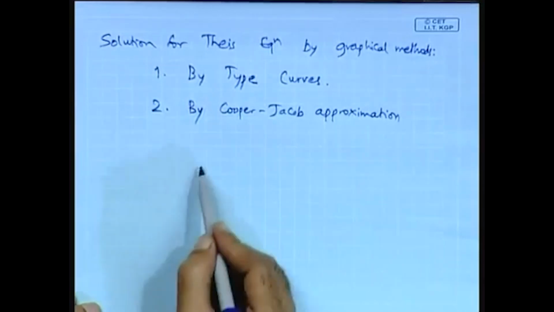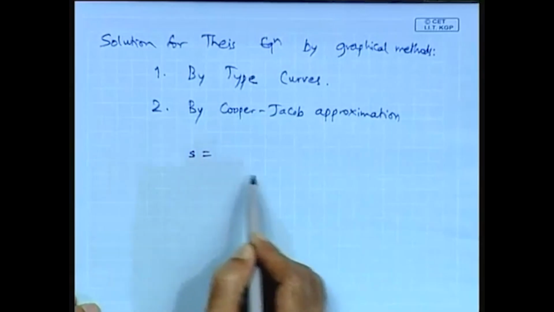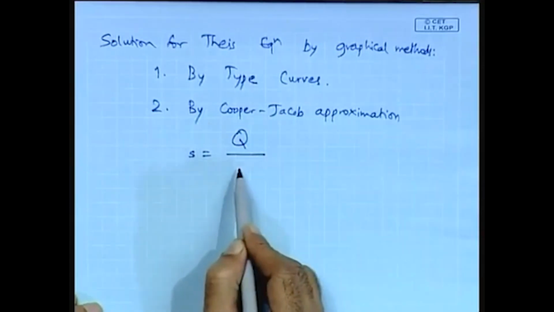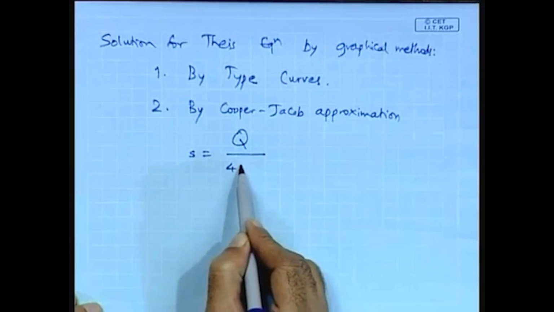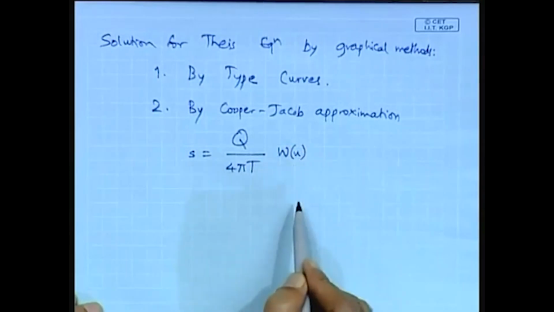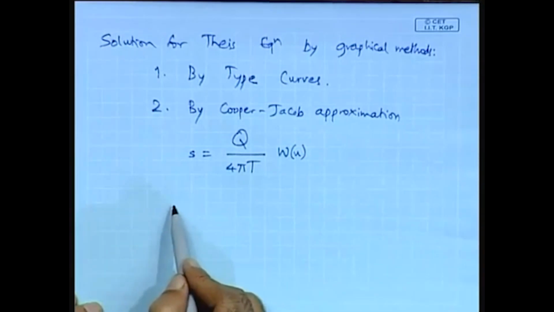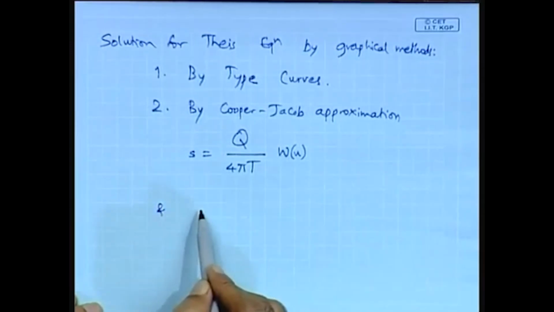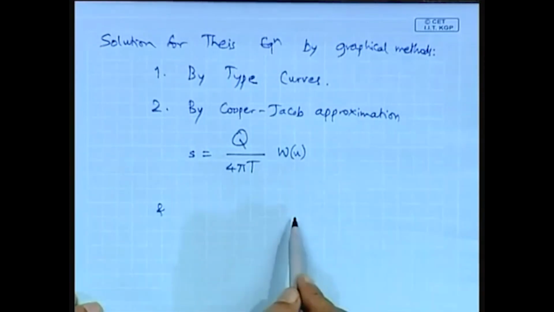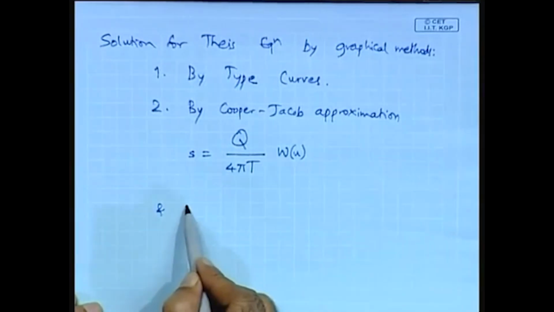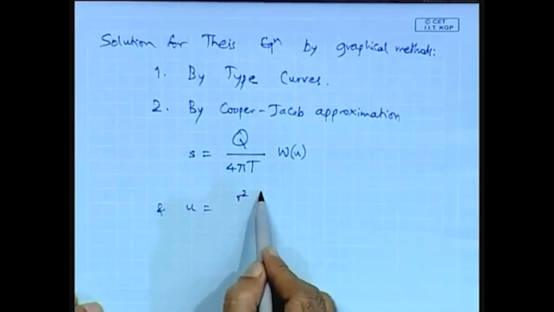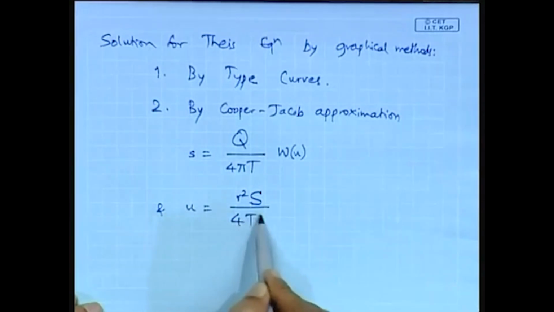So, here what is done is, the expression for the unsteady drawdown is given by Q divided by 4 pi T into the well function W. And we know that the well function parameter u is given by r square s divided by 4 T into t.